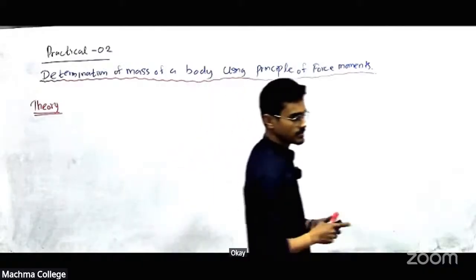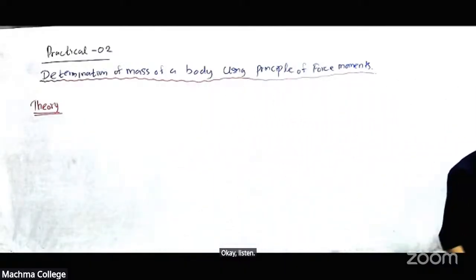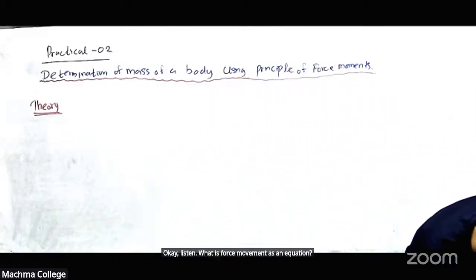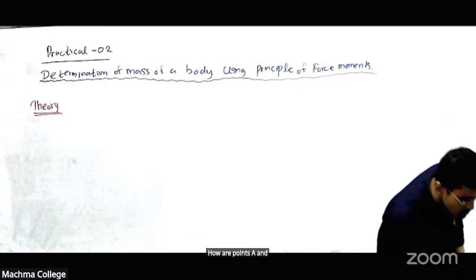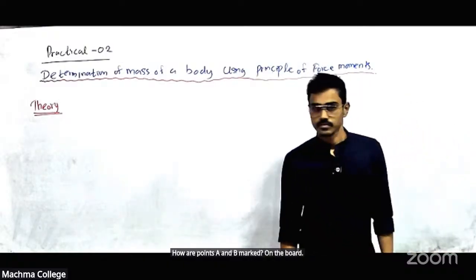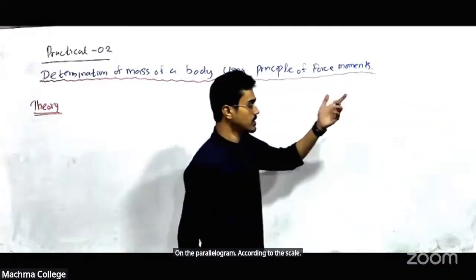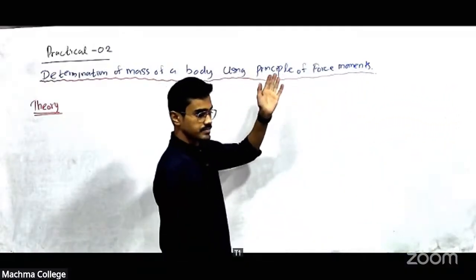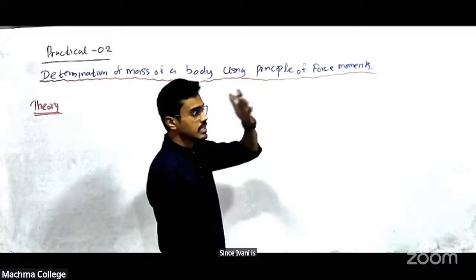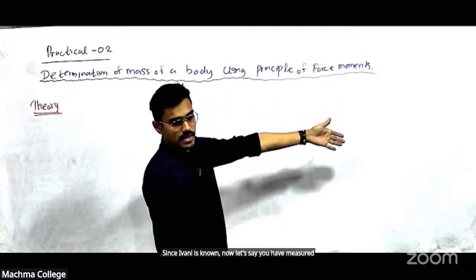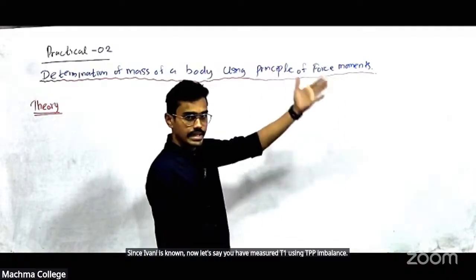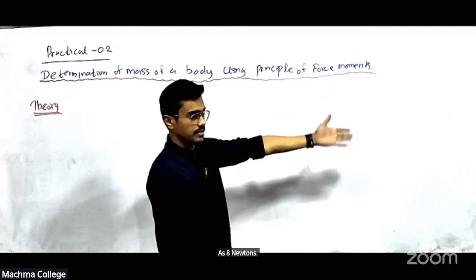Okay, listen. How are points A and B marked on the board, on the parallelogram, according to the scale? T1 is known. Since T1 is known, let's say you have measured T1 using a triple beam balance as 8 newtons.